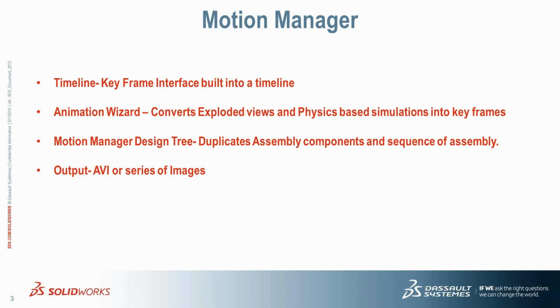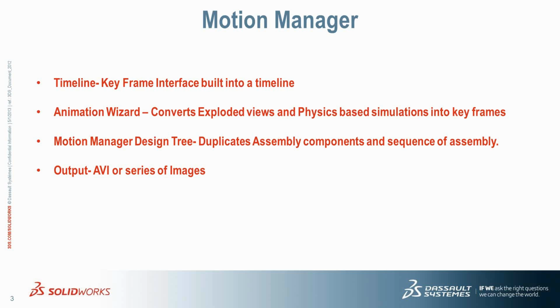Now the Motion Manager, we're going to go through the interface, but it contains 3 or 4 things that are very important. One being this idea of a timeline. It's a time-based interface where we focus on what happens to things within a period of time within the software. We're also going to introduce a tool called the Animation Wizard to give you some real quick animations based on some things that you've already done.